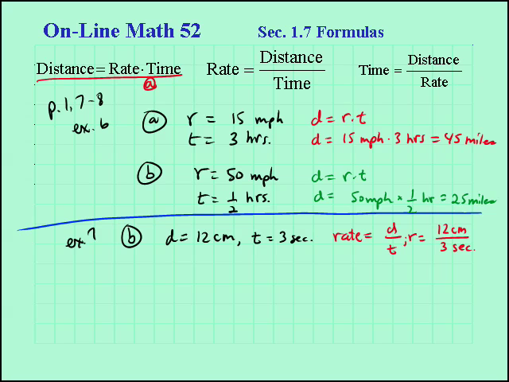And this time, when we simplify, it becomes just 4, but 4 what? Centimeters over seconds means centimeters per second. Centimeters per second. So that's how we'll write that in.